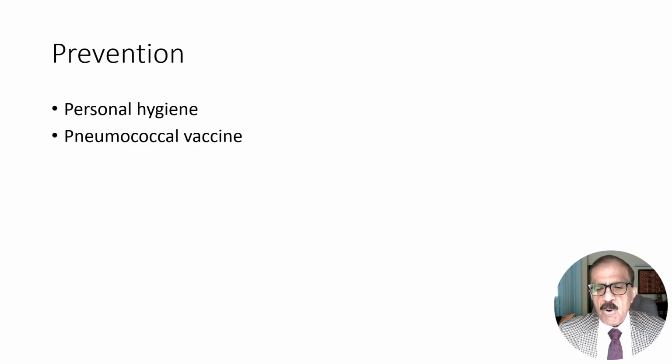And the pneumococcal vaccine is considered to be very effective. It may not be indicated for all, but those patients who are at high risk, like patients with existing lung diseases, people older than 65, people with diabetes, people with asthma, chronic bronchitis, people with HIV infection, and people without a spleen or some other hematological disease, all of them should receive the pneumococcal vaccine.